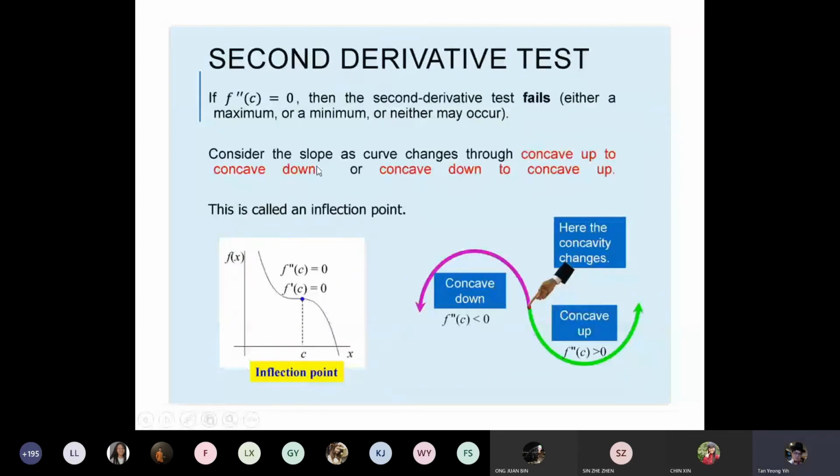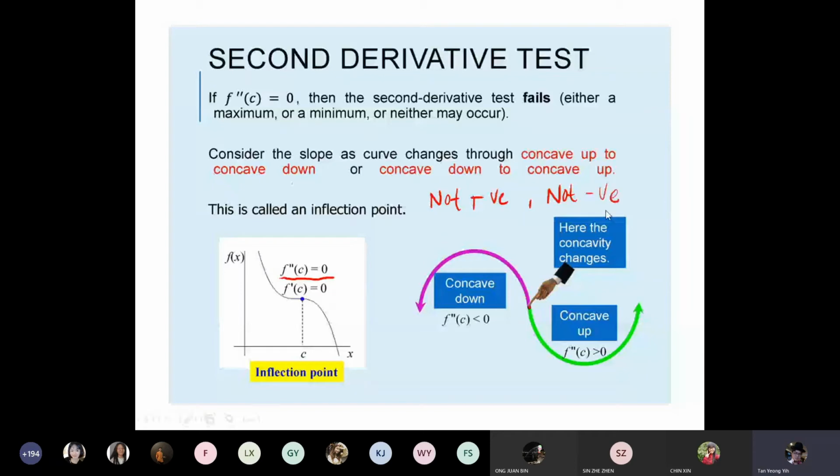Now student, I want you to pay attention here, because we have a new situation. If we substitute the c, it is not positive and it is not negative.